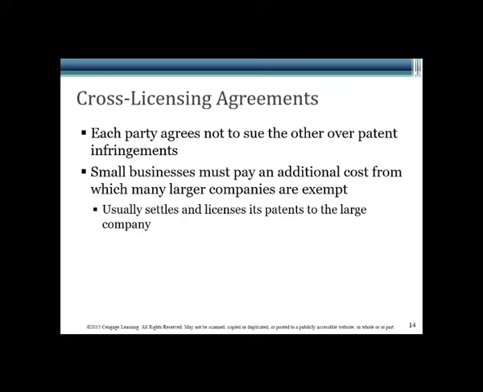Should a small business bring a patent infringement suit against a large firm, the larger firm can overwhelm the small business with multiple patent suits, whether they have merit or not. Considering that the average patent lawsuit costs $3 to $10 million and takes 2 to 3 years to litigate, a small firm often simply cannot afford to fight. Instead, it usually settles and licenses its patents to the large company.